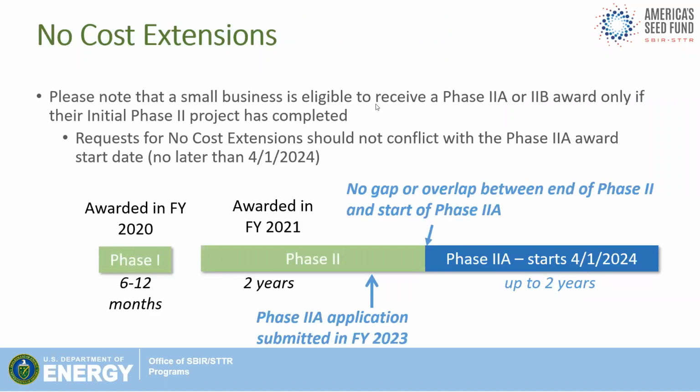Remember that, again, I made this point before, but your initial phase 2 project must be completed by the beginning of your second phase 2 award. So keep that in mind. Make your plans to make sure that you've completed your initial phase 2 award by April 1st, 2024, which is the anticipated award grant start date for the second phase 2 awards.